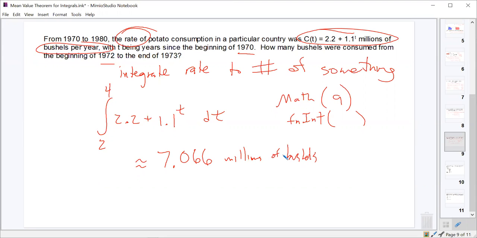Now, did anybody's calculator, when they pushed the FNINT button, come up to just say FNINT parenthesis? If it did, that's okay. I just need to tell you what you need to type in, because you're going to need to know how to do this for the AP test.